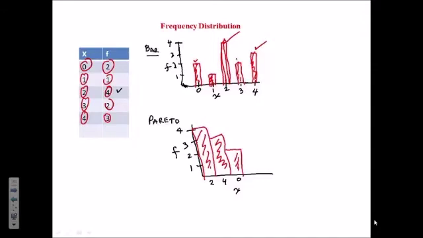Then we have 3. From 3, also make a height of 2 for that bar. And then finally, for 1, make a height of 1. So that's a Pareto chart where the heights of the bars go down. They go in descending order.